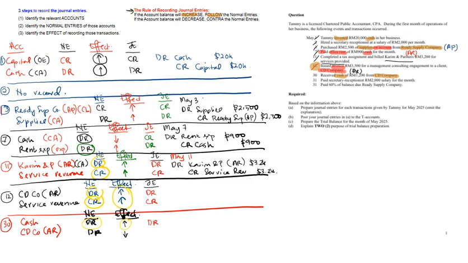But the one that reduces, we do the contra. So your journal entry for May 30th will be debit the cash and credit CD company AR. Amount 1,200.